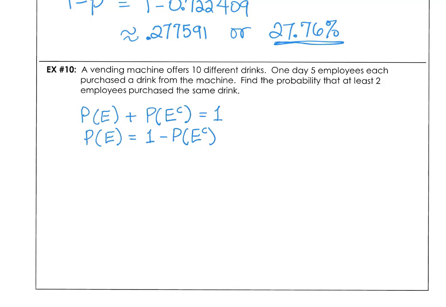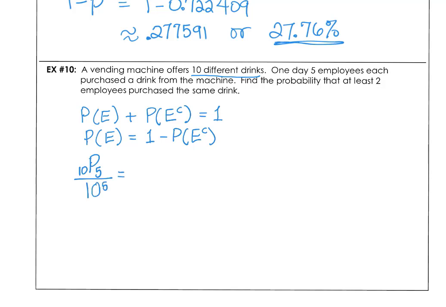So here in example 10, we have 10 different drinks. So we want the probability of the number of ways 5 employees can choose the drink. So that's the probability of 10 choose 5 divided by the 5 choices, or 10 to the 5th power.